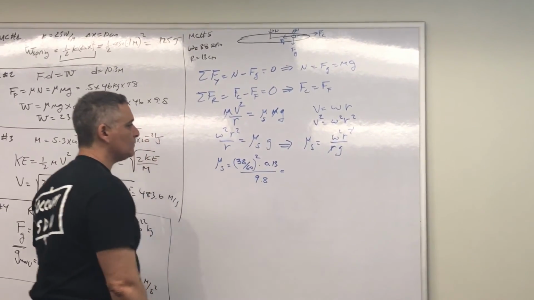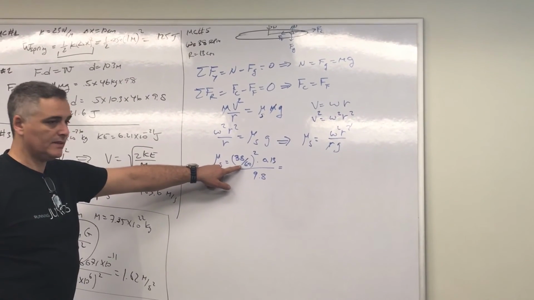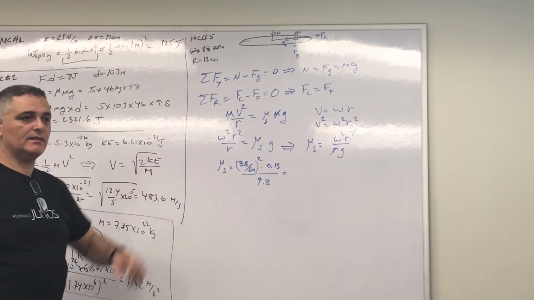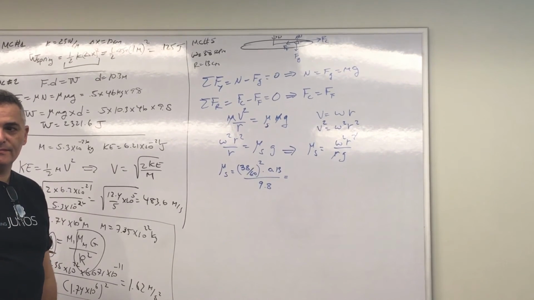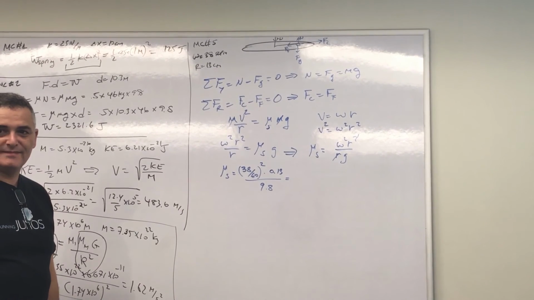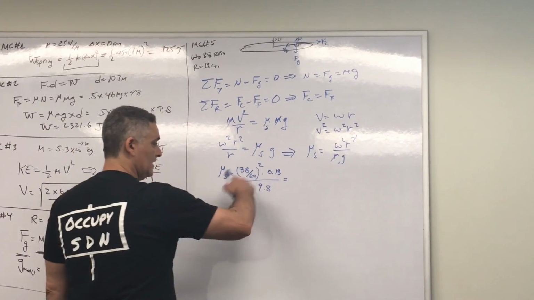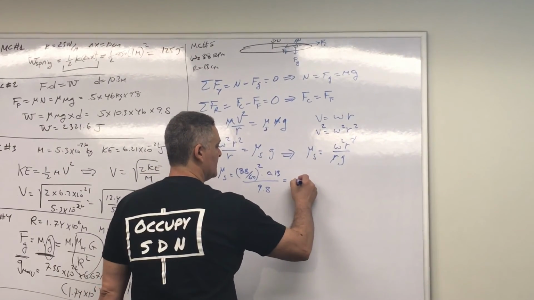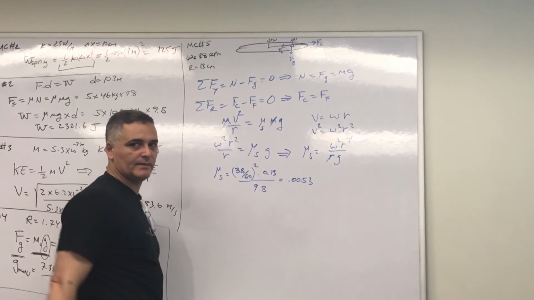See what we did there? We just converted this from RPM to RPS, revolutions per second. So that's 0.0053. Did you actually calculate it? Yeah, I did it this way. 0.0053, which is rounded.